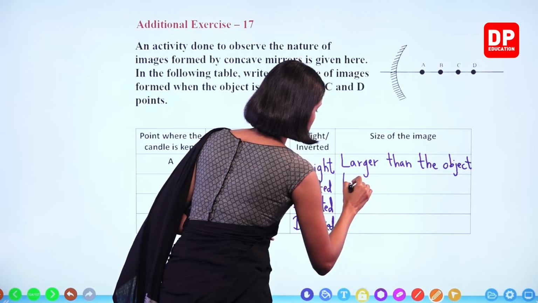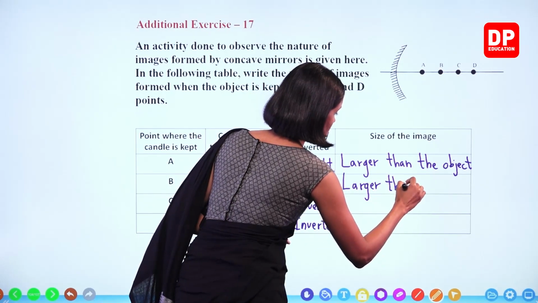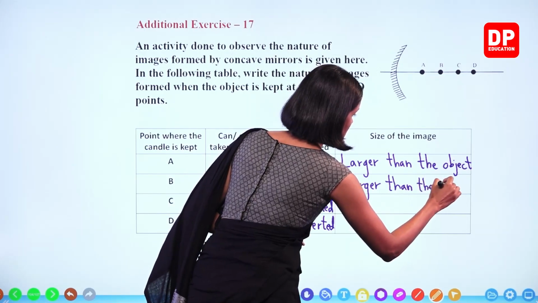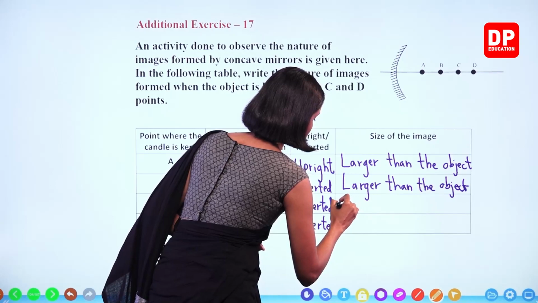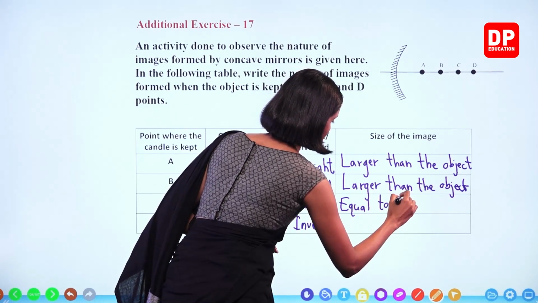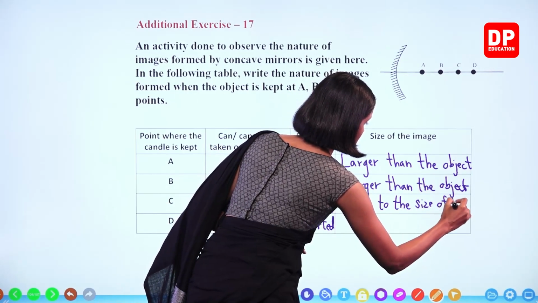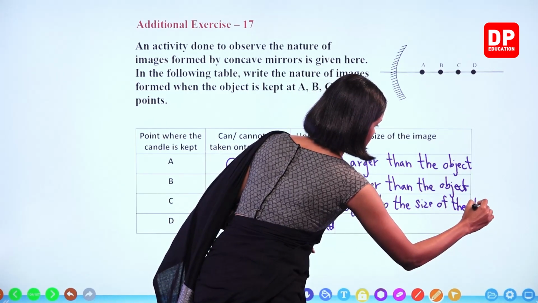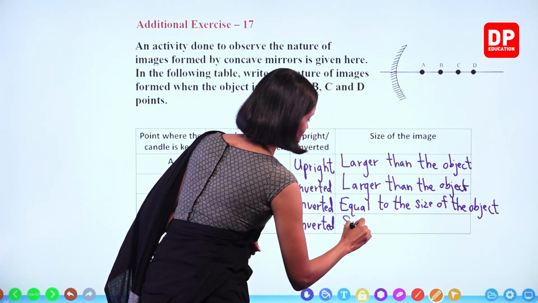Here also larger than the object. Equal to the size of the object. Here, smaller than the object.